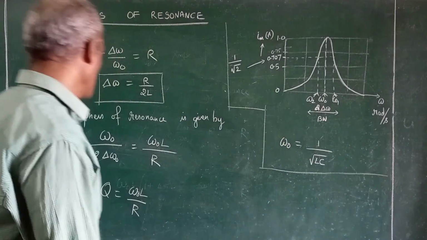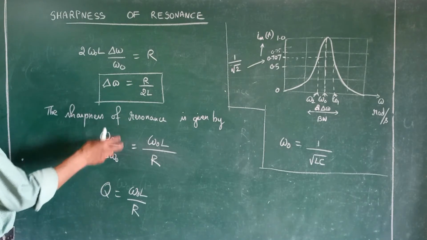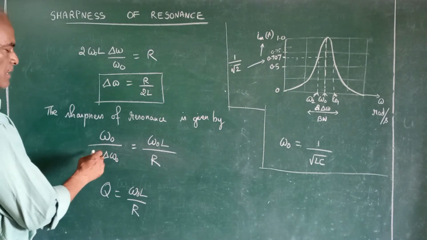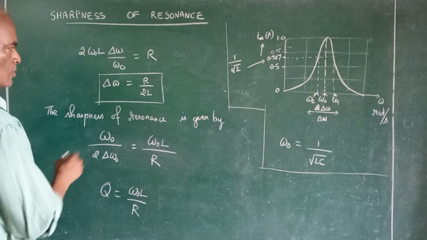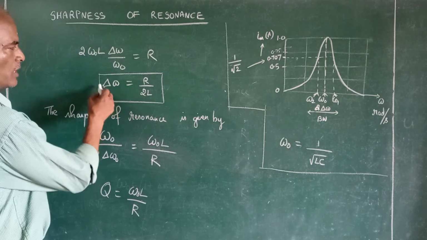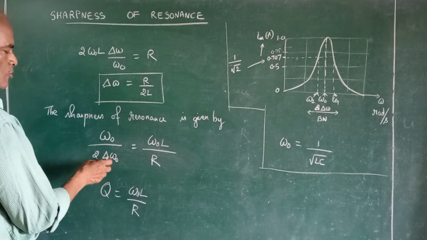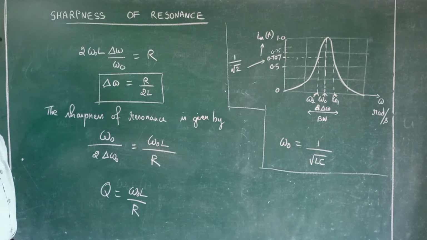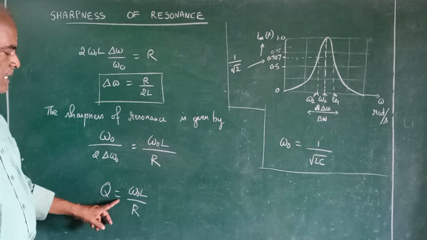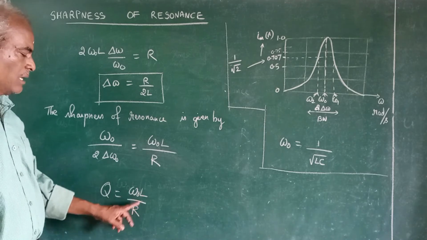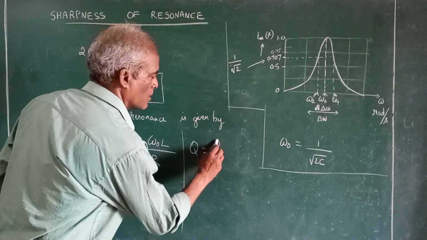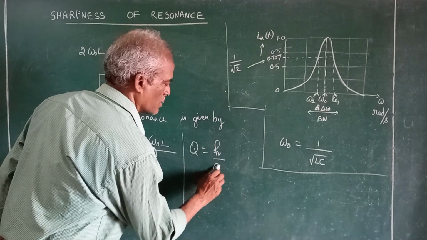So this can be viewed as Fr by bandwidth, which is nothing but the quality factor, ω naught divided by 2 del ω. Del ω we know, so 2 del ω is R by L. You substitute in this formula, you will get ω naught L by R. Therefore, the quality factor can be written as ω naught L by R, or as the quality factor equal to Fr by bandwidth.